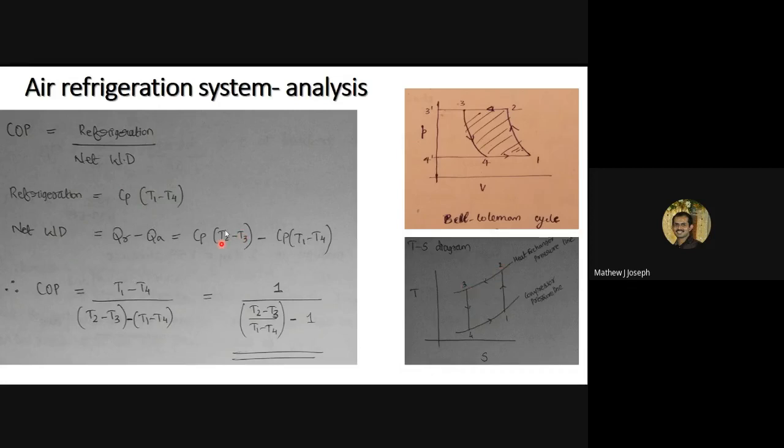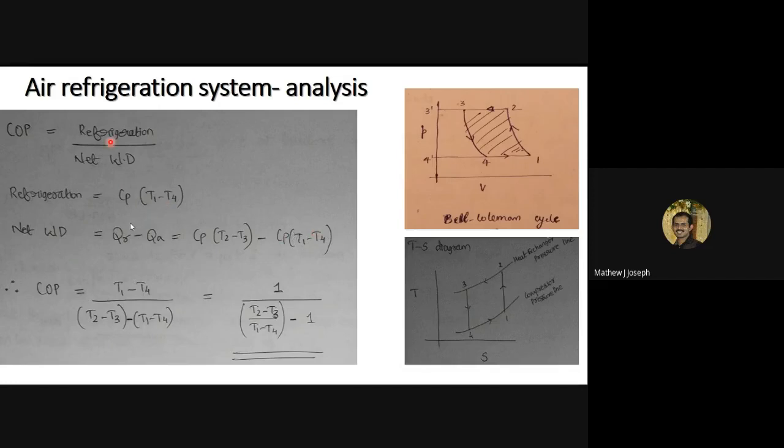So the heat rejected is nothing but Cp times (T2 minus T3), and the heat absorbed is nothing but the refrigeration effect produced, that is Cp times (T1 minus T4).